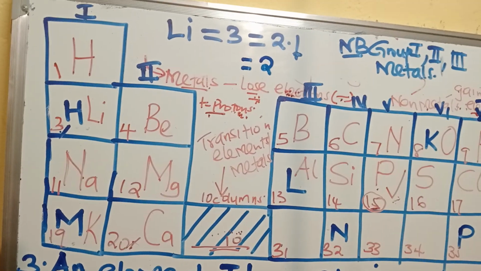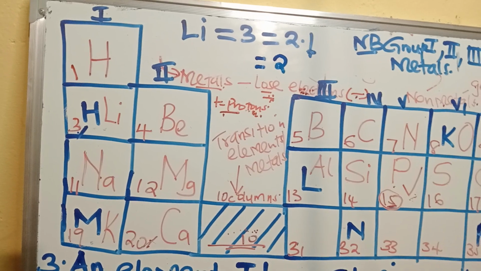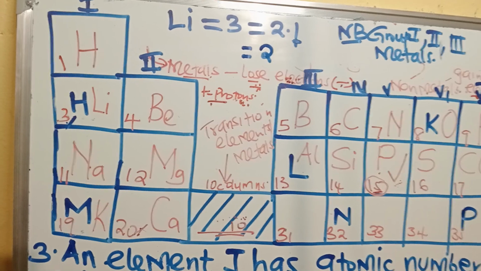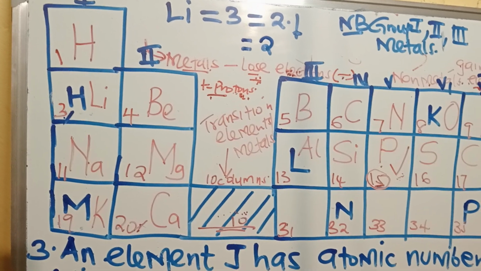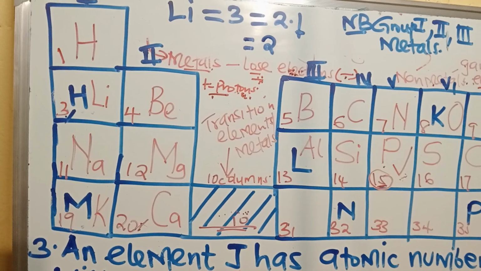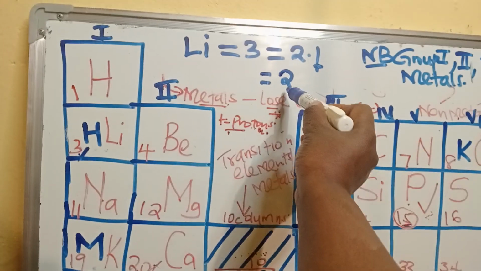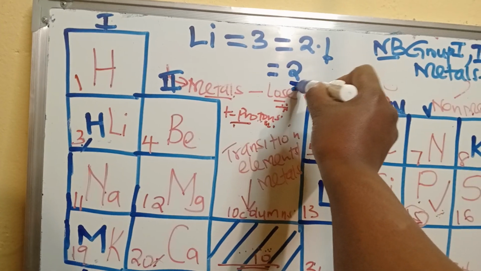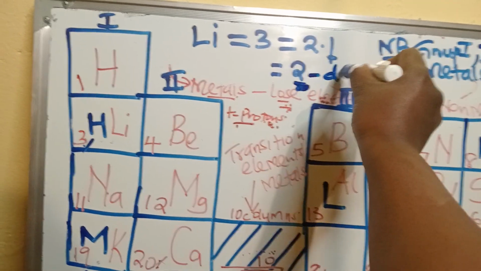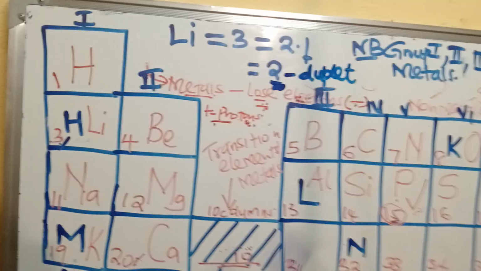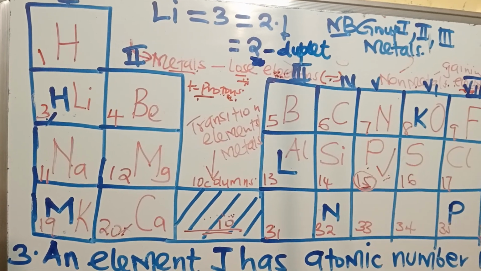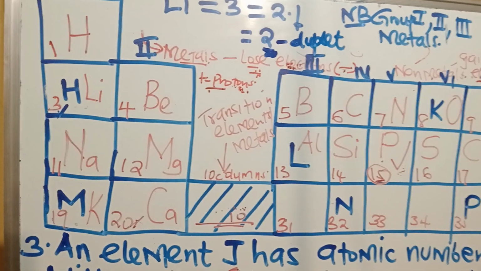So I have just said that if after losing, an element acquires 2 electrons in the outermost energy level, so for lithium it will be left with just 2 after losing the 1. This kind of stable configuration is the one that we are calling a duplet configuration. So I hope now you understand what it means.